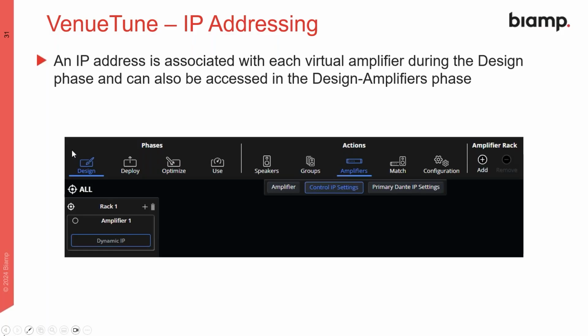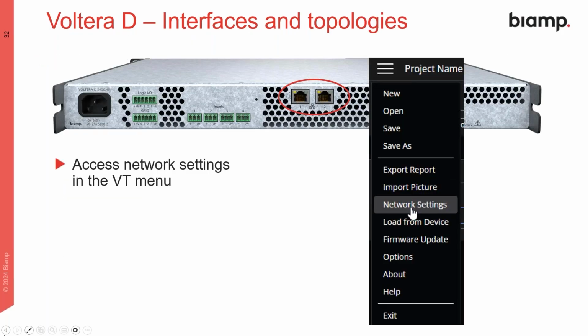Again, if you want to take a look at all these phases, check the link in the handout. My previous webinar went deep into the design of systems. But in the design phase and amplifier actions, we can manipulate the IP settings also, if that's how you prefer to do it.